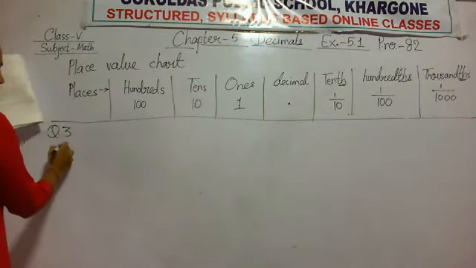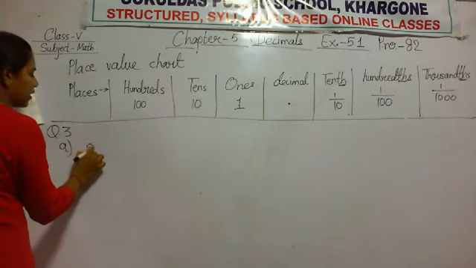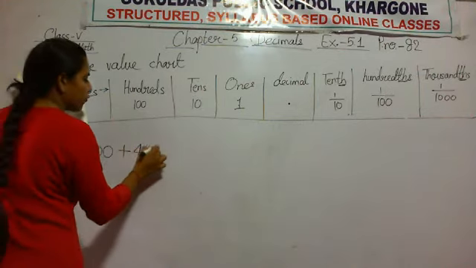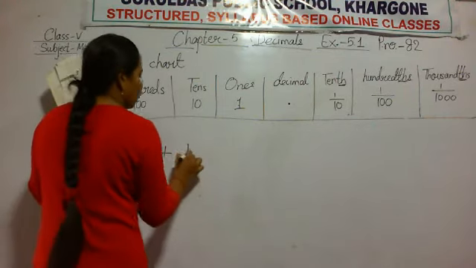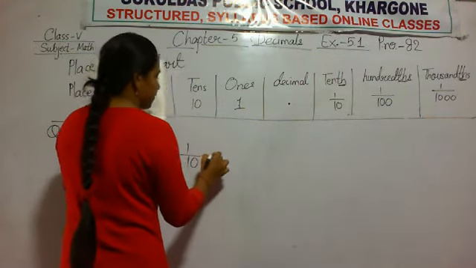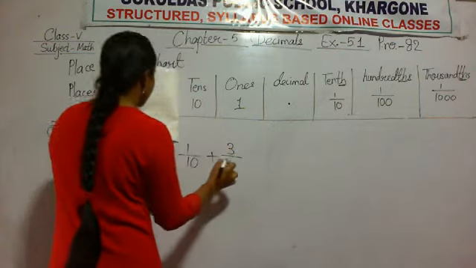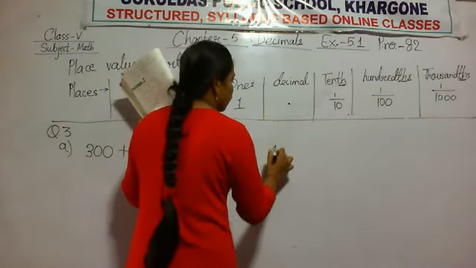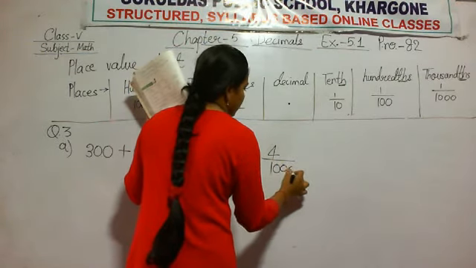Write in short form. Your given number is 300 plus 40 plus 1 upon 10 plus 3 upon 100 plus 4 upon 1000.